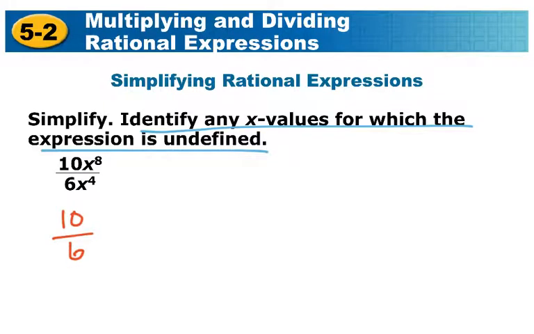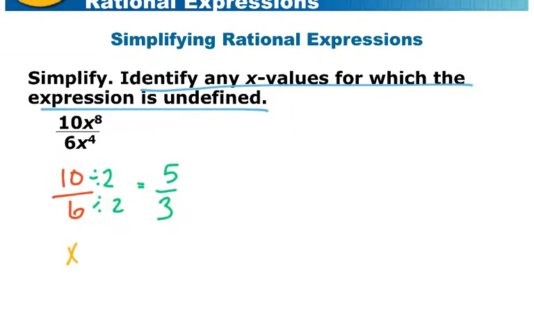If we're imagining that fraction, to reduce it, I would divide by 2 on the top and bottom and get 5/3. Alright, if we imagine just the variable, we've got x to the 8th over x to the 4th, and to reduce those, you can technically divide out x to the 4th.